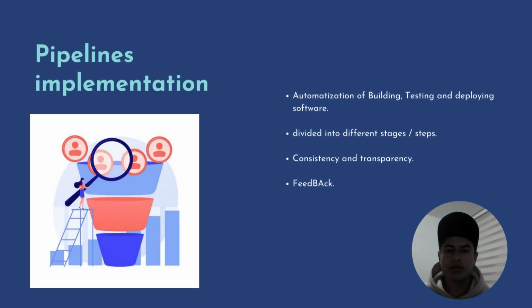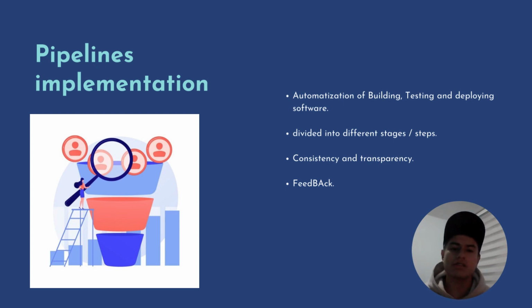Okay, going on with the good practices, now we have the pipelines implementation. This will help us with the automation of building, testing, and deploying software. A pipeline gives us early insights that will help us to detect errors that we are making in our code, and we don't need to end the development cycle to get those insights, so we can detect errors earlier.